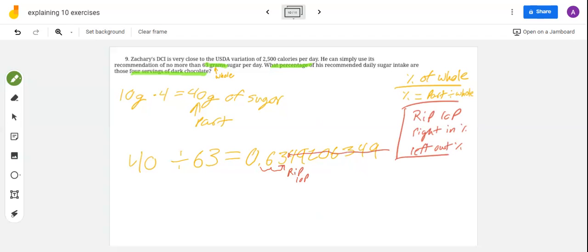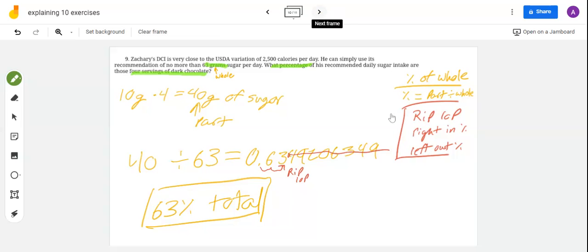So that would give you a total of 63%. There you are. There's your answer of 63%. All right. So that was question 9.